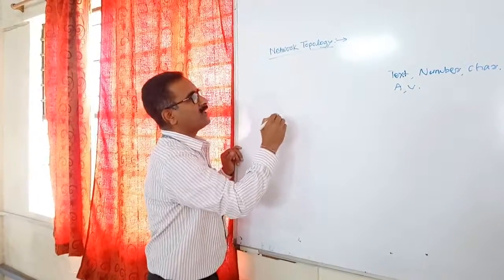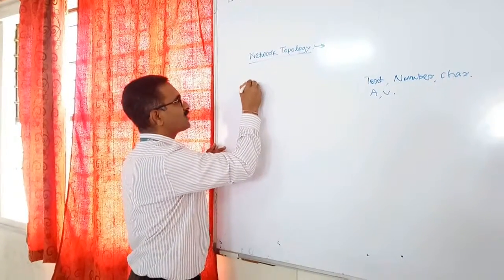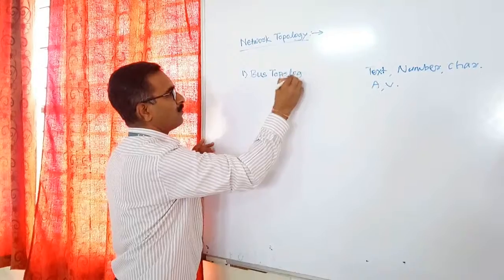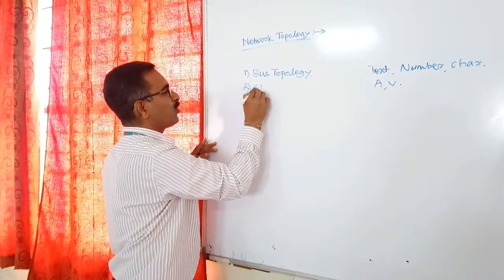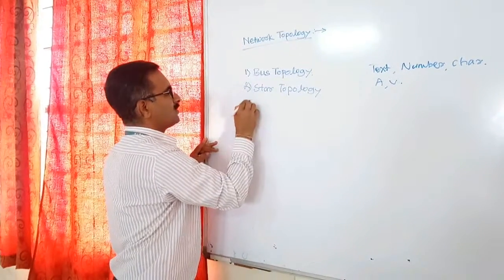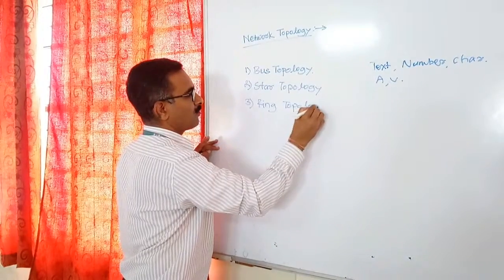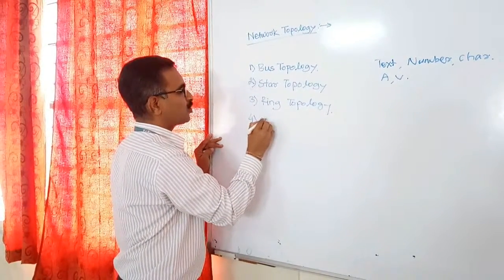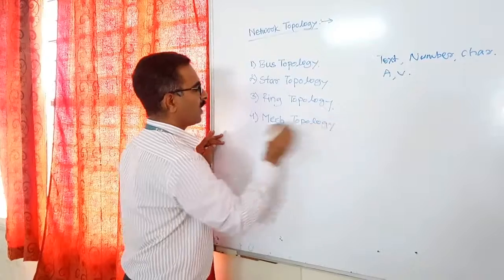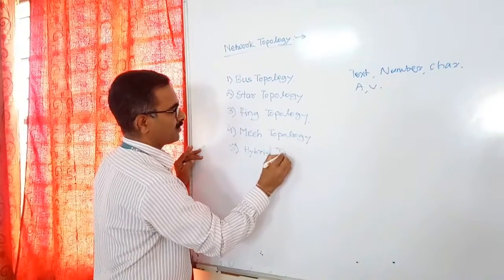This network topology has some types, five types you can say, and those five types are: first, the bus topology, then star topology, then ring topology, then mesh topology, and the fifth one is the hybrid topology.